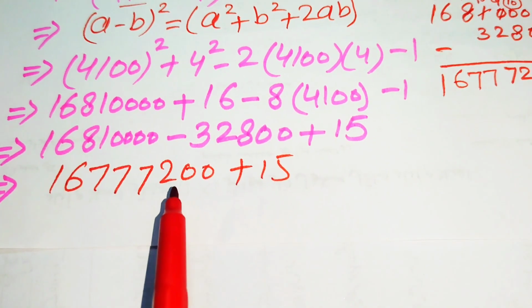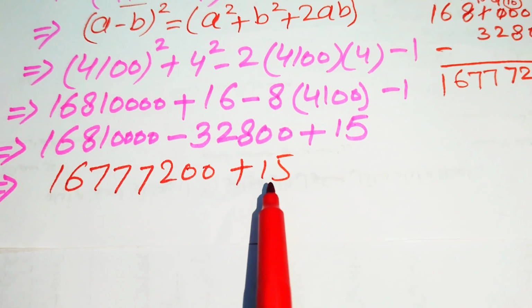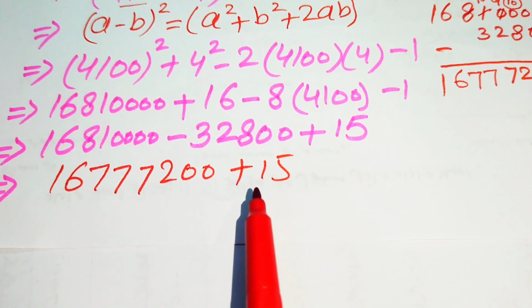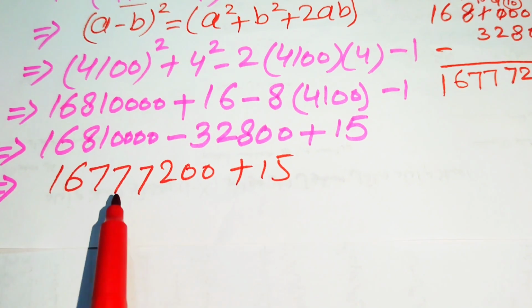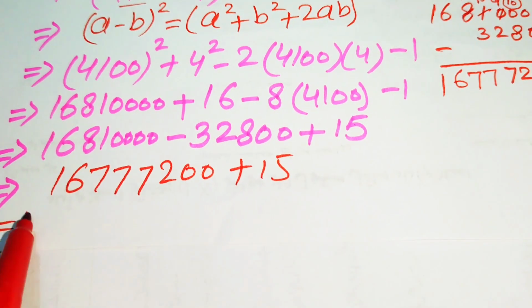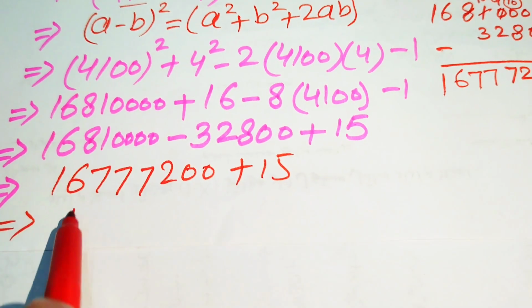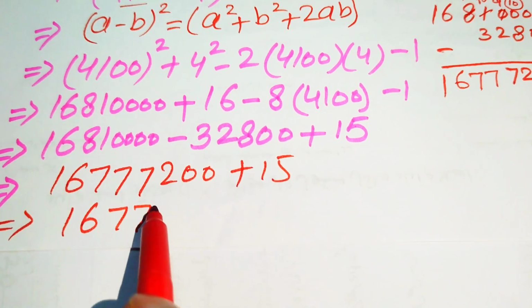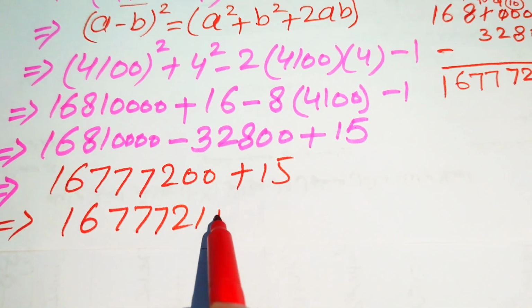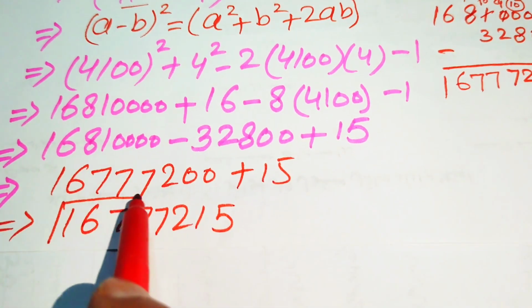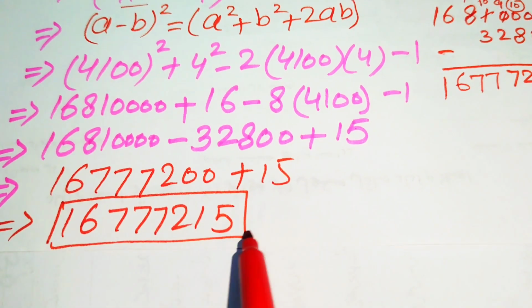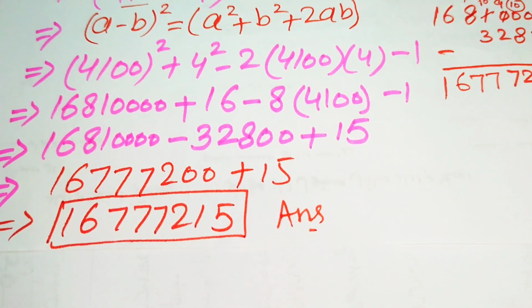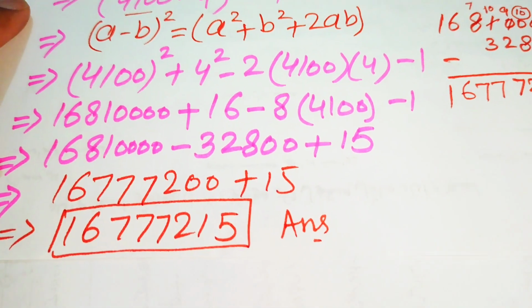When you add 200 plus 15, we get 215. So finally we get 16777215. This is our required simplified form of the given question, and this is the final answer.